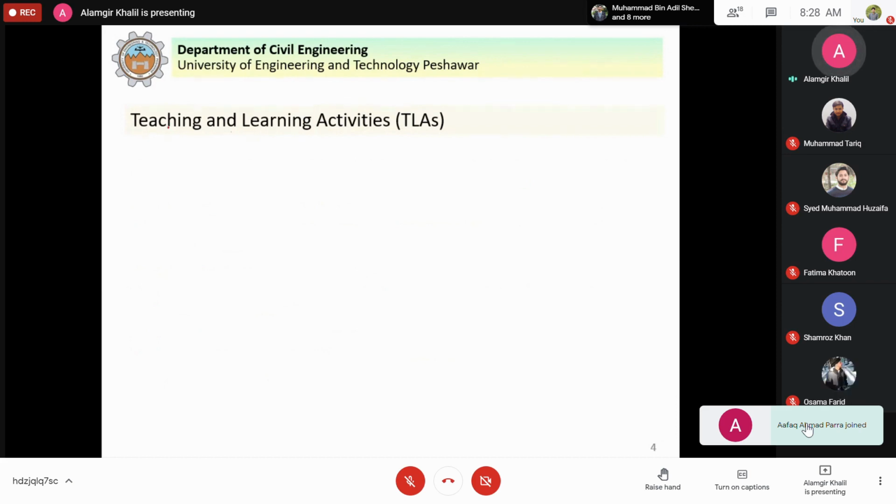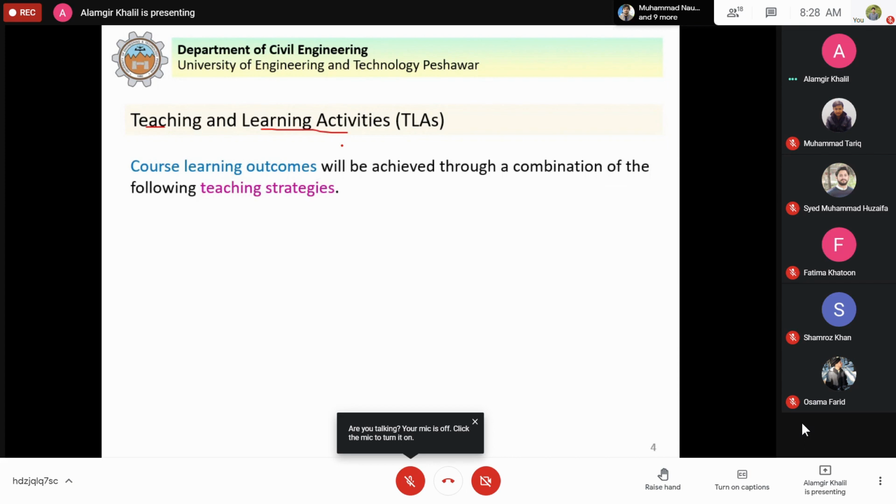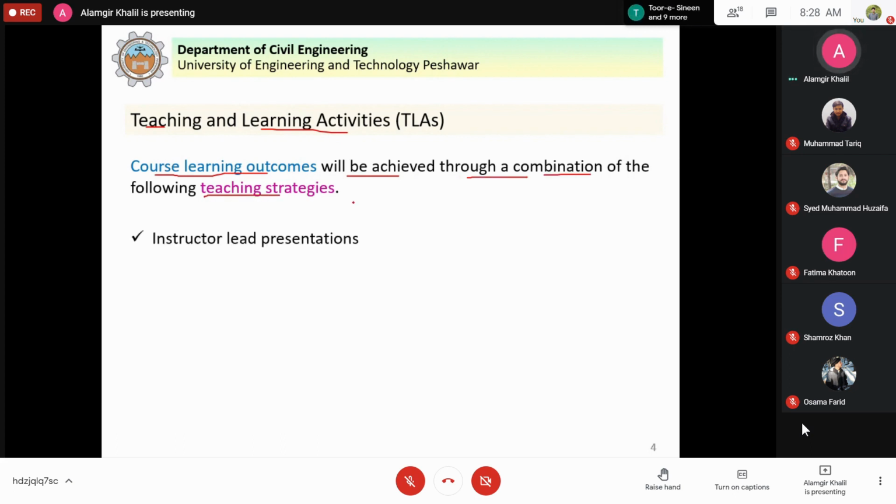Teaching and learning activities: the course learning outcomes, the CLOs, will be achieved through a combination of the following teaching strategies. There will be instructor-led presentations. There will be classroom discussions in the form of questions and answers.